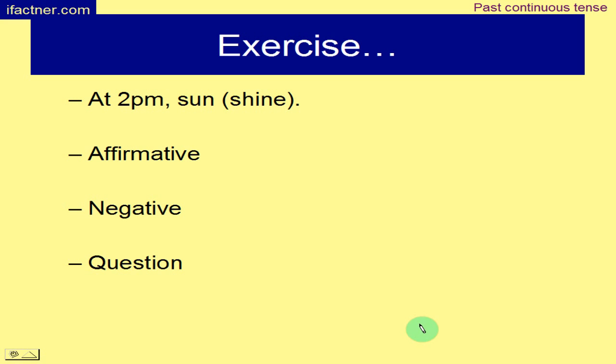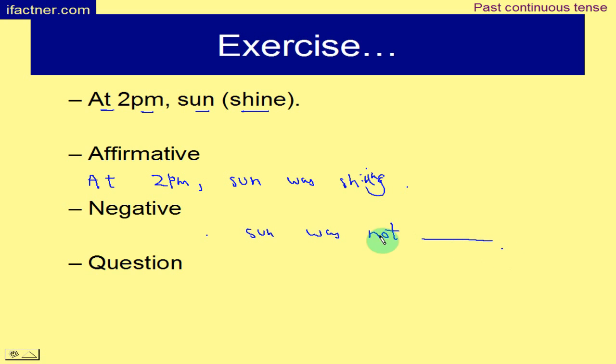The third example: at 2 p.m., sun shine. What is the affirmative form? Yeah, at 2 p.m., the sun was shining. And you can use all the four forms over here. Negative form: at 2 p.m., the sun was not shining.